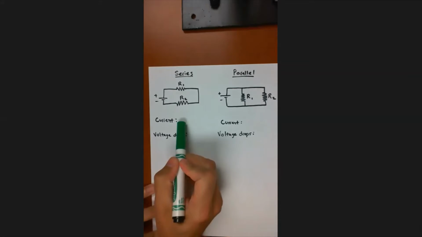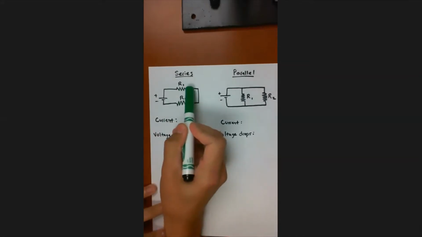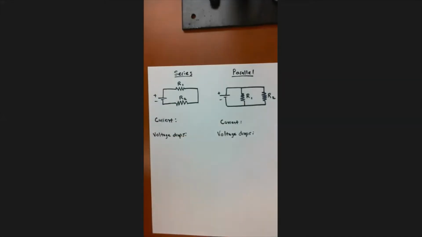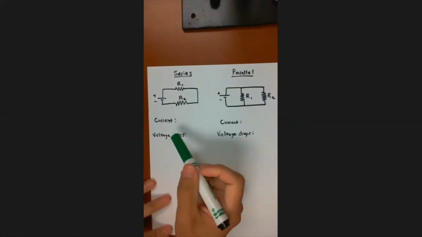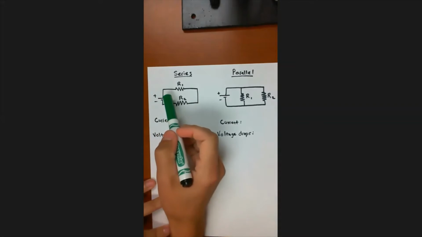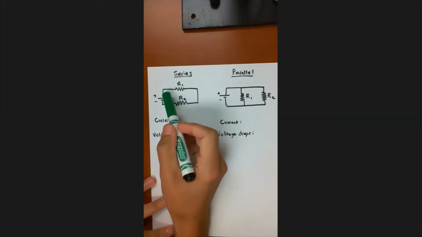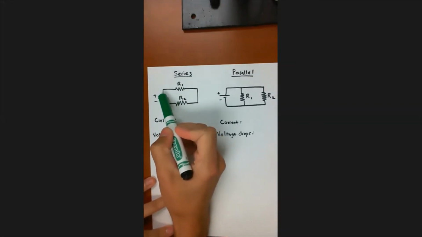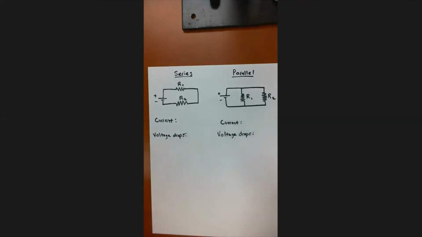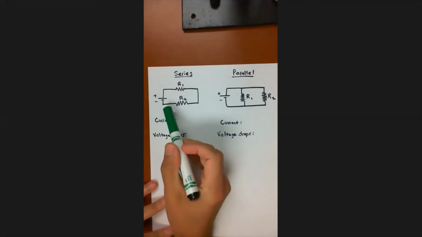We want to talk about the value of the current through R1 as compared to the value of the current through R2. Maybe you could already tell me that, but what I'm trying to convince you of is that they're going to be the same. So imagine a unit of charge. It's going to leave the voltage source from the positive side, because we're talking about conventional current flow.